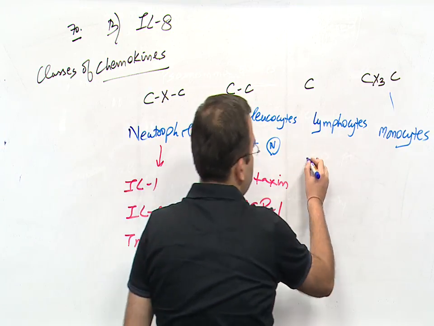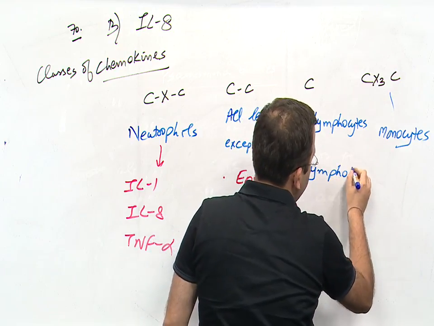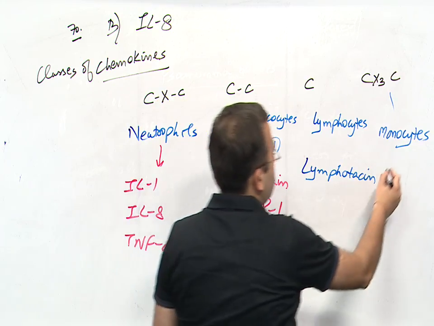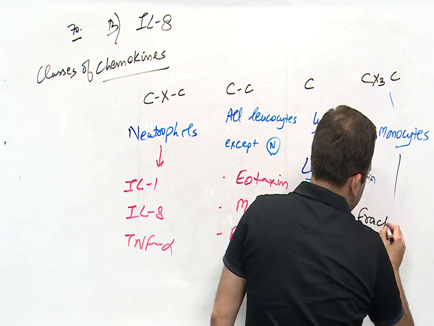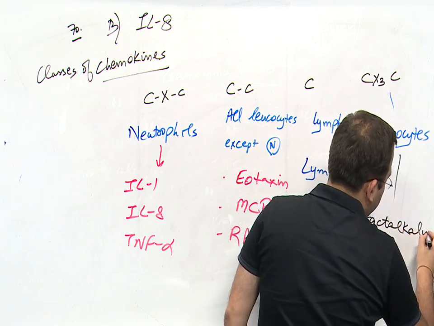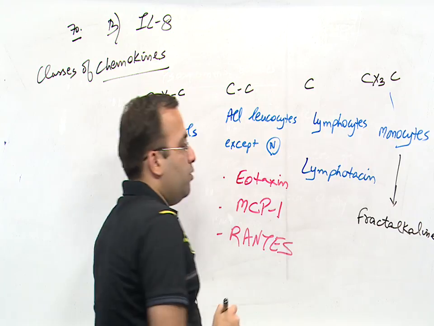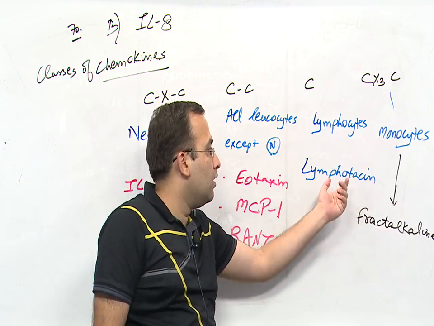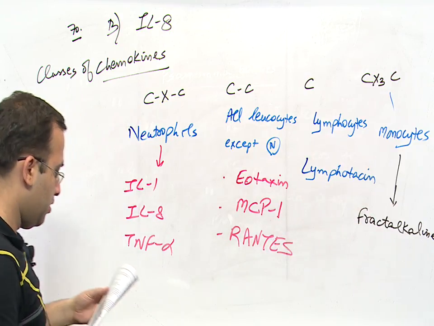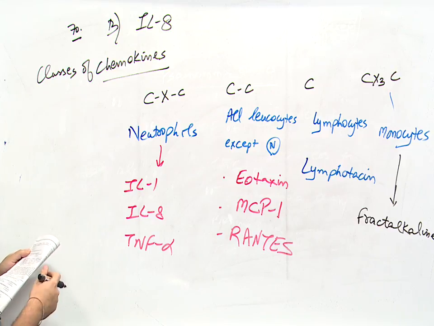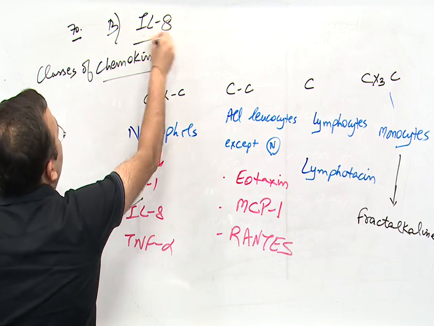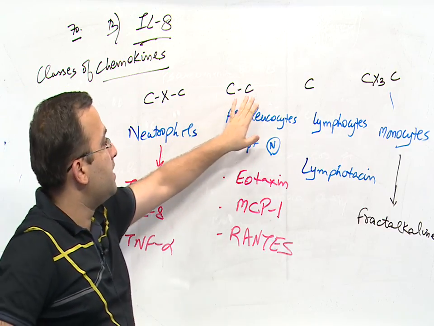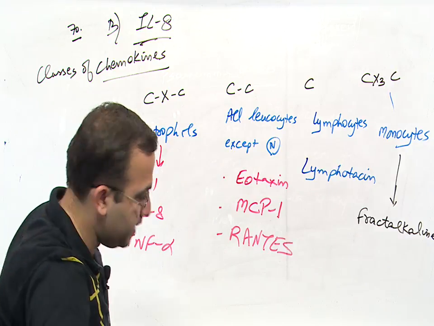Next, lymphocytes, this is lymphotactin, and last is monocytes, that is fractalkine, CX3C. So the question was, which of the following is CXC, interleukin 8? These are the 4 classes of chemokines: CXC, CC, C, and CX3C.